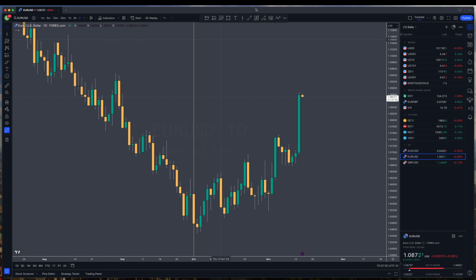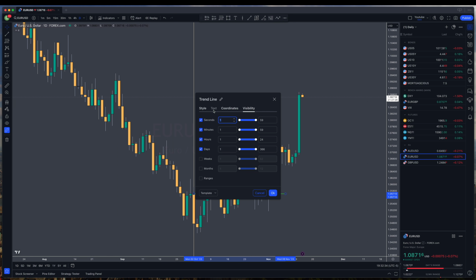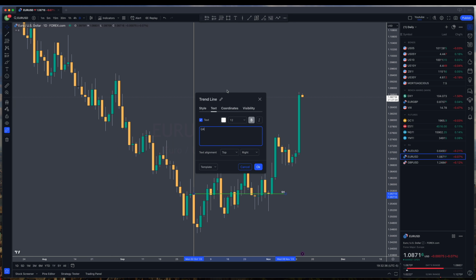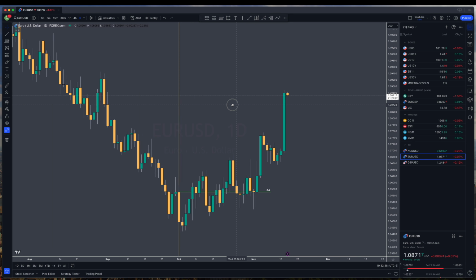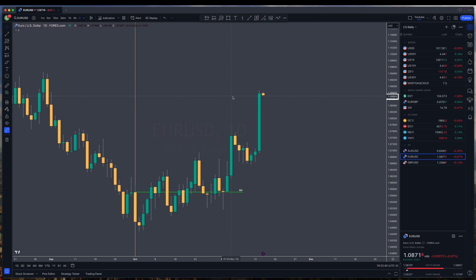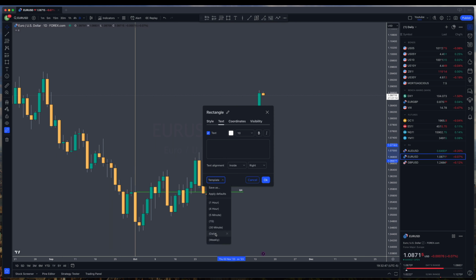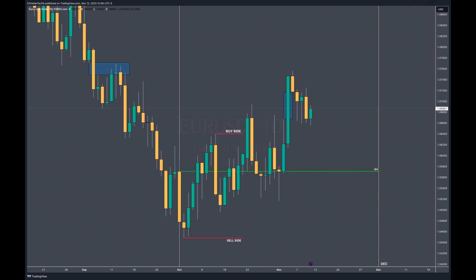And then from here, we're just going to be marking out the open of that quarterly candle. Just making sure I put my description in. And then from there, the only thing I'm going to be doing is annotating this imbalance that I had previously marked in my journal, and I'll put that right around now.